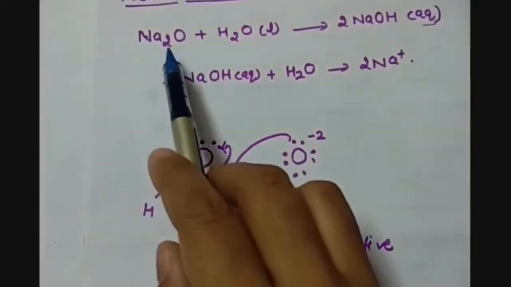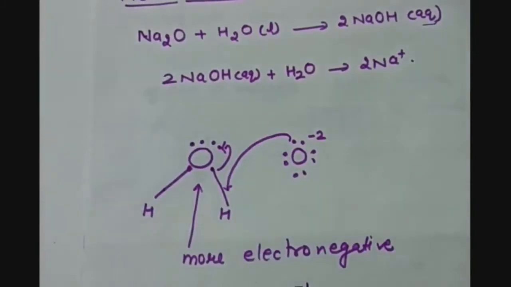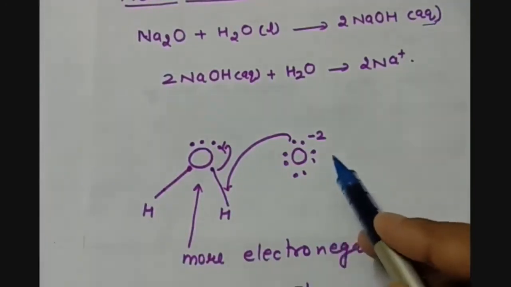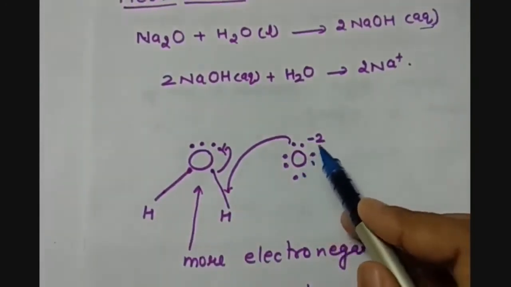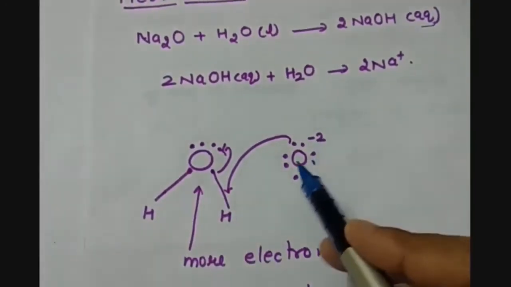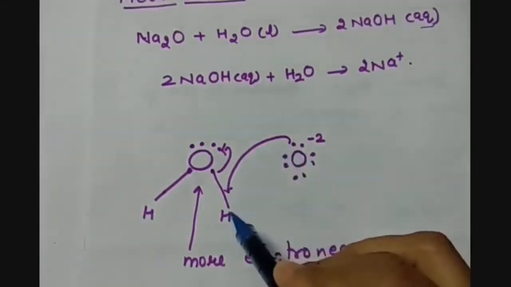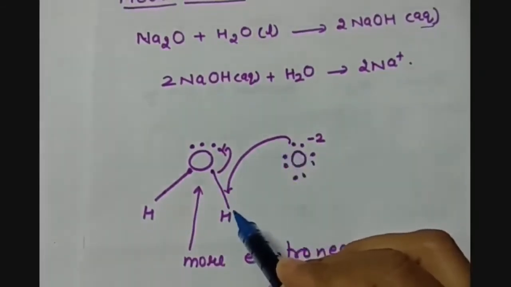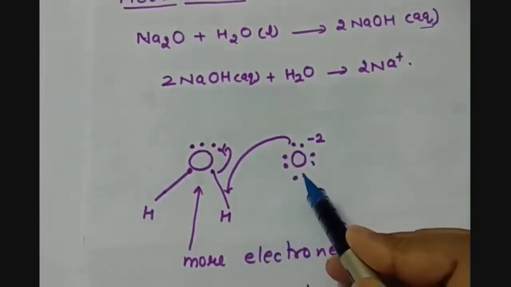So Na2 will be acting as 2Na+, and O will be O2-. So here this oxygen has a charge of -2. So it will attract the hydrogen from here, because this is also more electronegative.